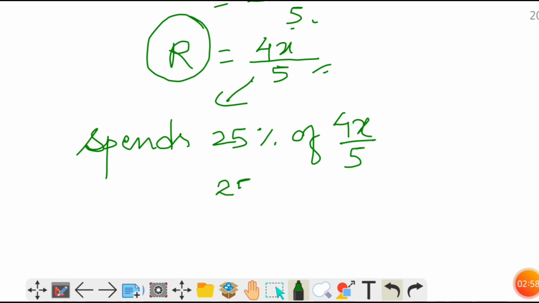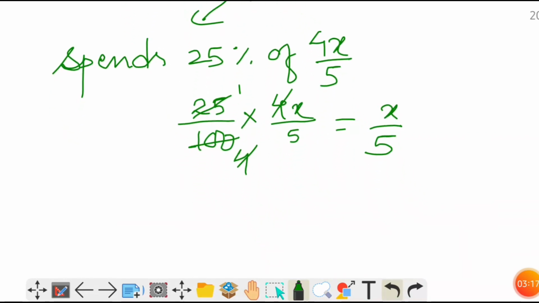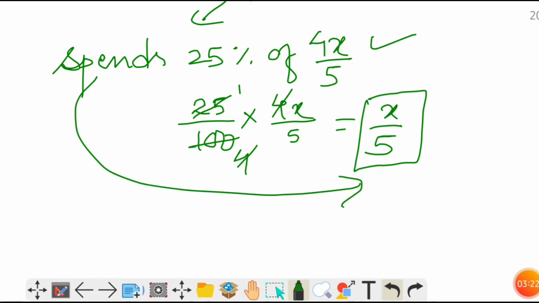Now 25% means 25 divided by 100, of means multiply 4x by 5. Now by dividing we'll get 25 4s are 100, 4 and 4 will be cancelled out, and now we'll get x by 5. That means he spends x by 5 rupees out of the remainder 4x by 5.